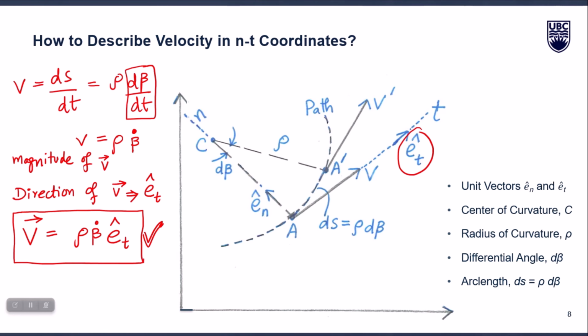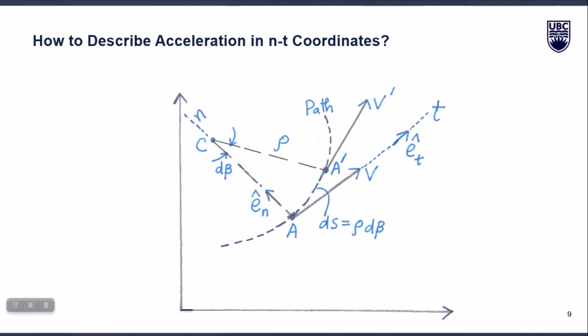Now the whole idea is that this E sub t is not a constant vector, it is changing its direction all the time, and therefore velocity is also changing its direction all the time. E sub t has a magnitude equal to 1. Now let's move forward and see how we can write acceleration in terms of n and t coordinates.